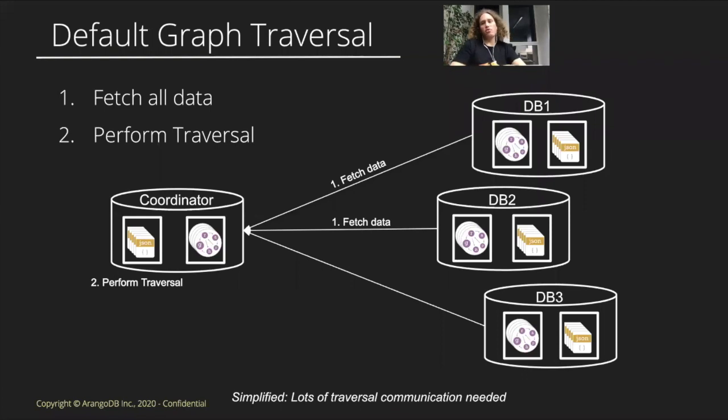To understand that in more technical detail, let's look at the default, or worst case, graph traversal. We have data on multiple nodes, so both the graph and the documents are distributed. So we have to perform the traversal on all nodes and merge everything on the coordinator side. This will incur a lot of network traffic, and a lot of data needs to be shipped across the cluster.